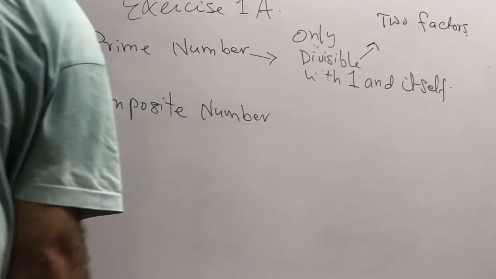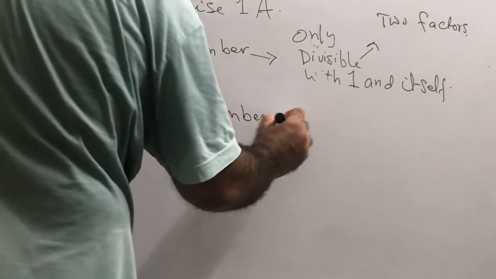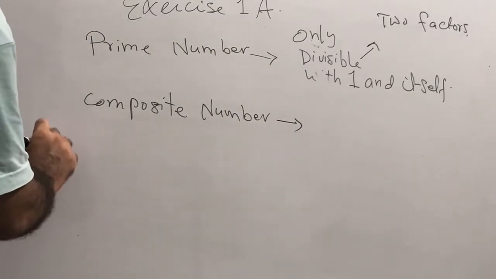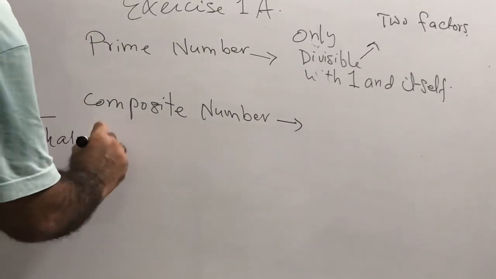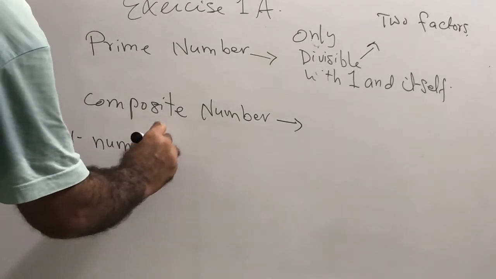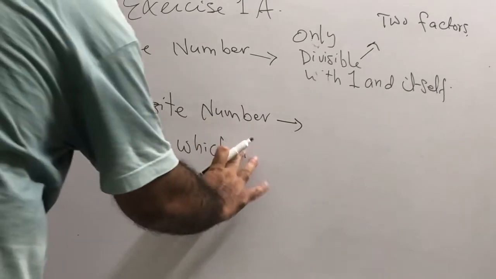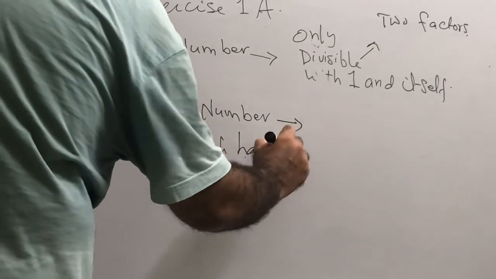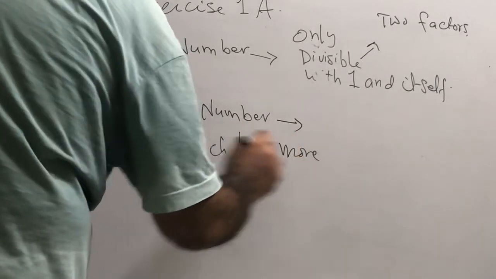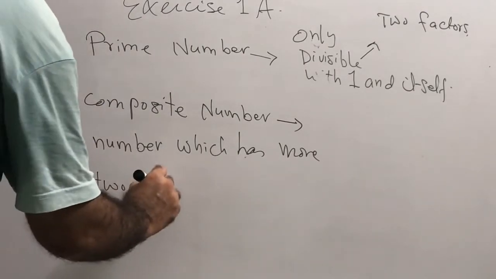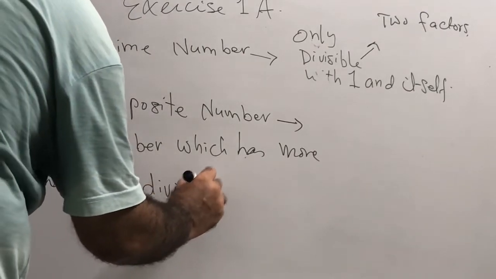Now what is a composite number? A composite number is that number which has more than two divisors or factors.